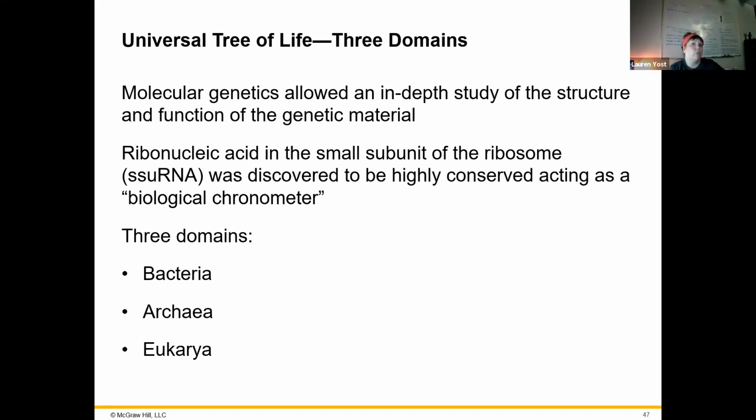The one actually producing it is the ribosome. So we can take the small subunit of that and compare it to the small subunit in other organisms, because they all have to make proteins using ribosomes. It's how every cell works ever. And then we can see how related they are using that. So we've divided it up into bacteria, archaea, and eukarya using that information. Archaea look like bacteria, but they are not related to bacteria.